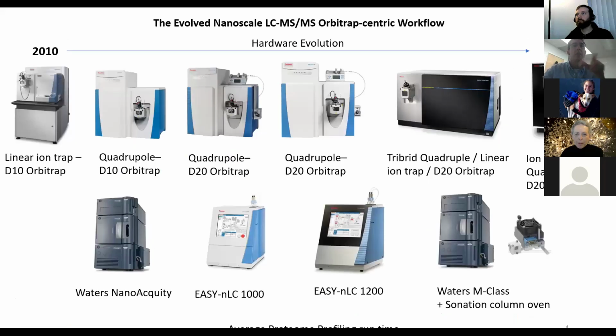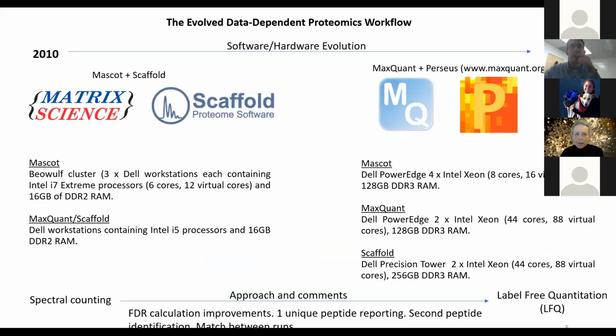And putting that in the context of the instrumentation, how the instrumentation's evolved, ease of use for nanoscale chromatography, robustness of the mass specs. Here we're going from essentially the Orbitrap Velos Pro through the Q Exactive HF, HFX, Fusion Lumos, and now Exploris 480, and they're all coupled with nanoscale chromatography in one form or another. And some of these are still in the lab, some of them have left the lab, but that's the way the field's moved from our perspective.